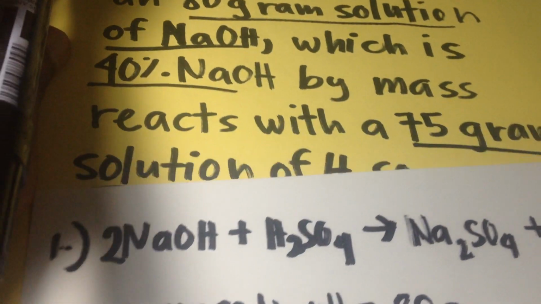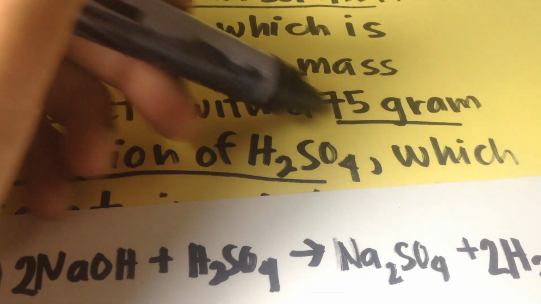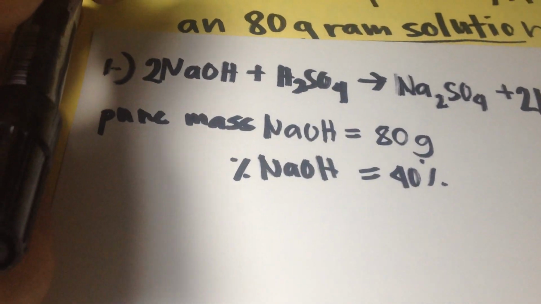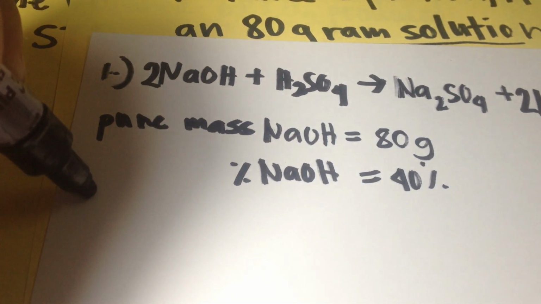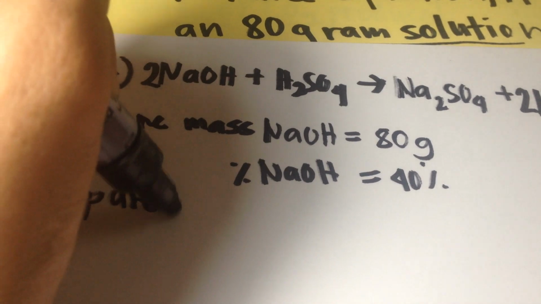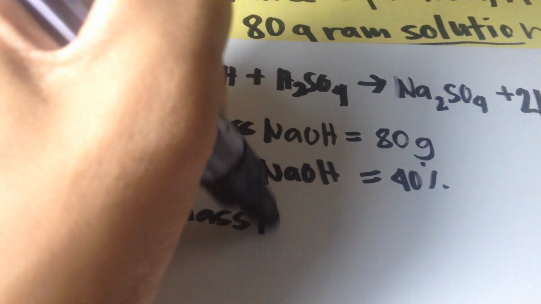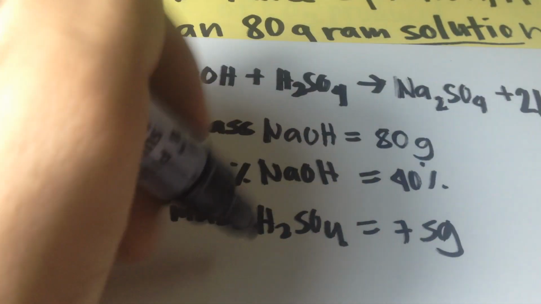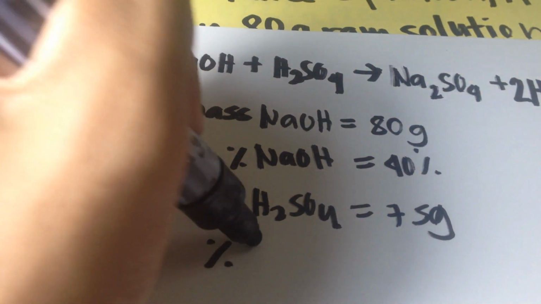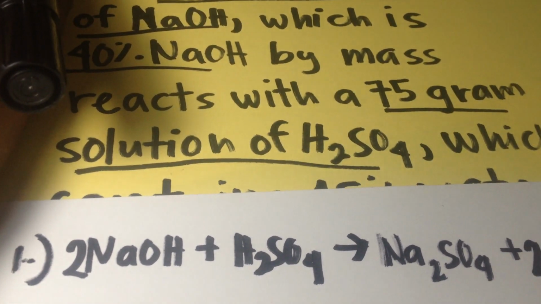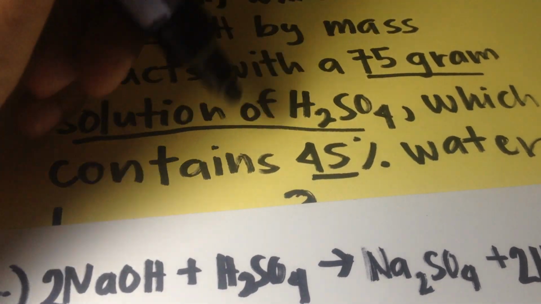And we have 75 grams of solution of sulfuric acid. So there's a pure mass of sulfuric acid equal to 75 grams. And then the percent of sulfuric acid, which is 45% contains water.